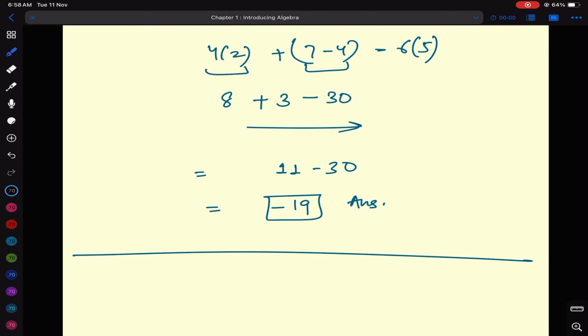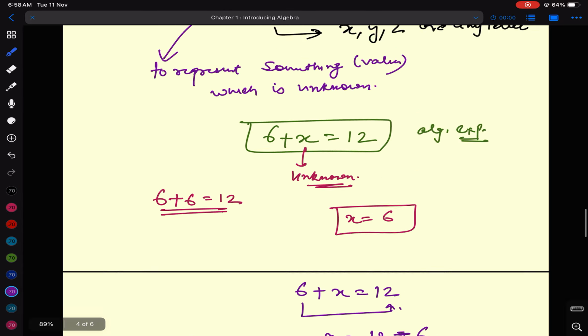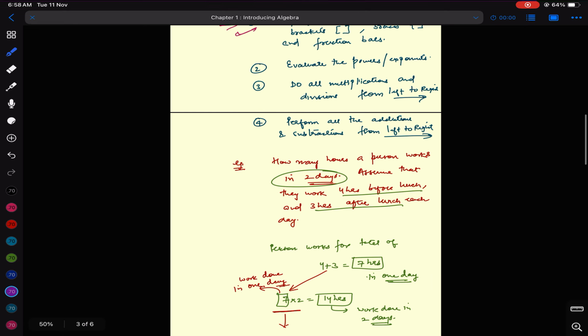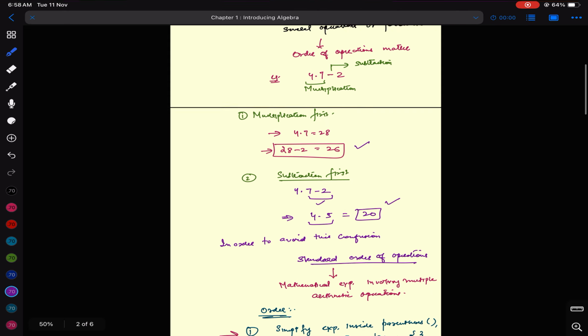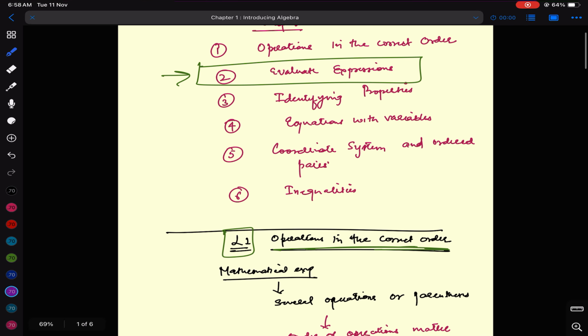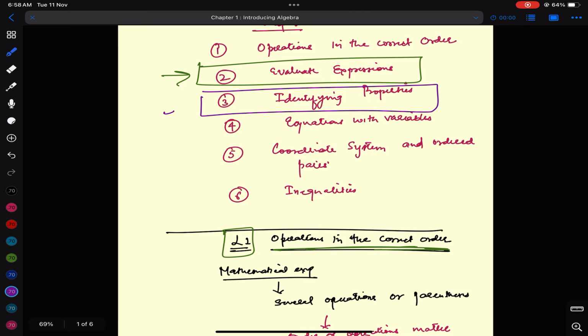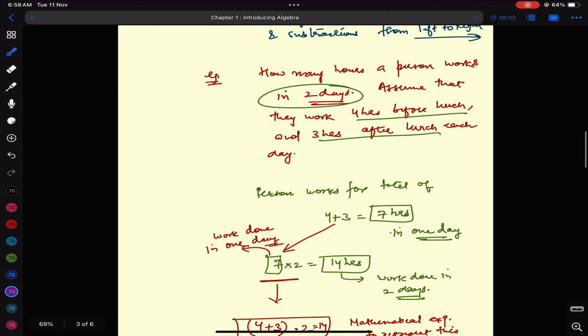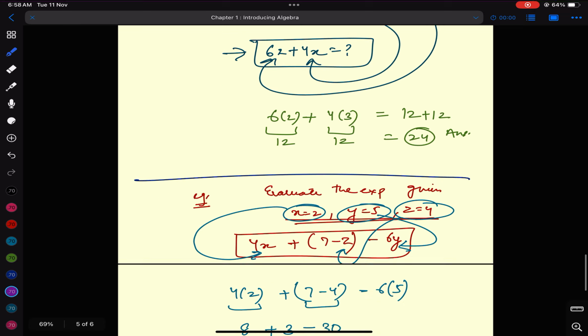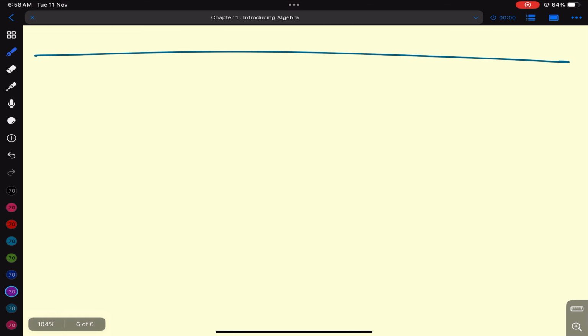Now we'll be moving to the third lesson, which is identifying the properties. Let's see lesson number 3, that is identifying the properties.